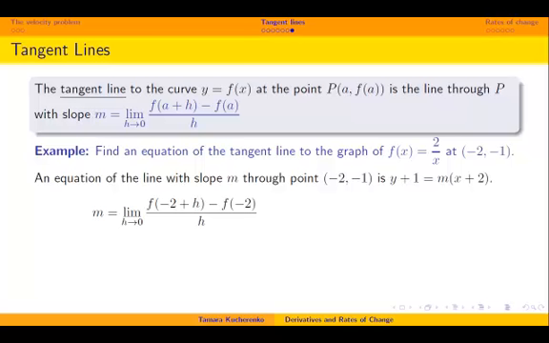We replace function f by 2 over x and obtain the limit as h tends to 0 of 2 over -2 plus h minus 1 divided by h.